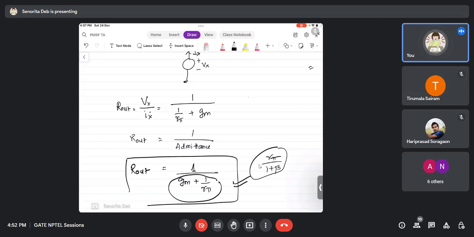Usually it is seen that R pi is much larger than 1 upon Gm. Therefore, whenever you are seeing the resistance from the emitter side, with your base at AC ground and Va infinity, they directly take it as 1 by Gm.